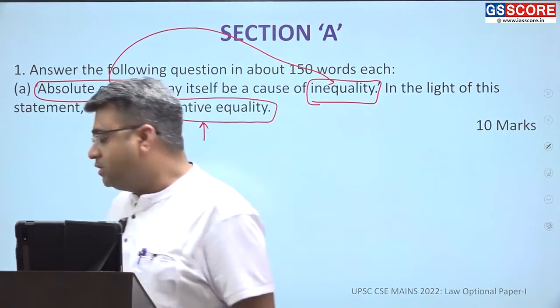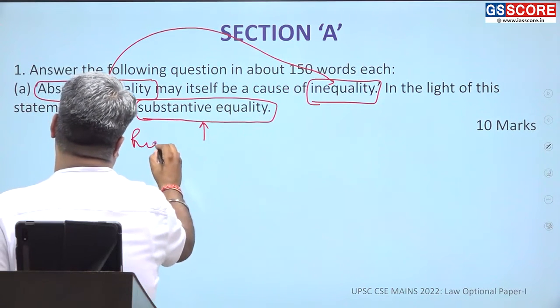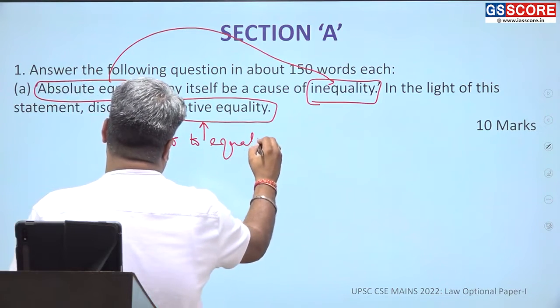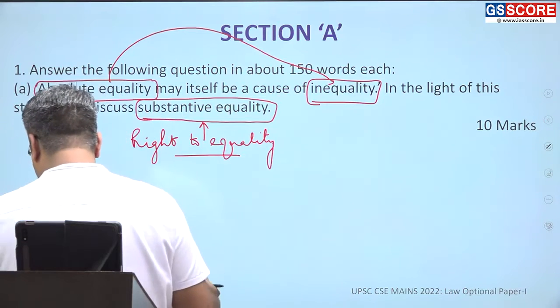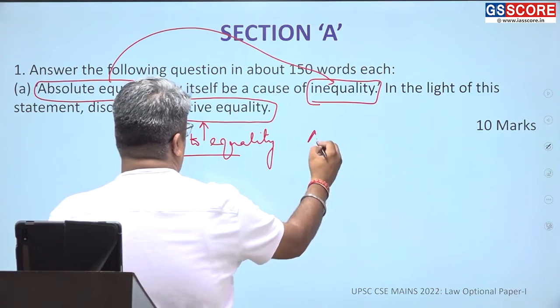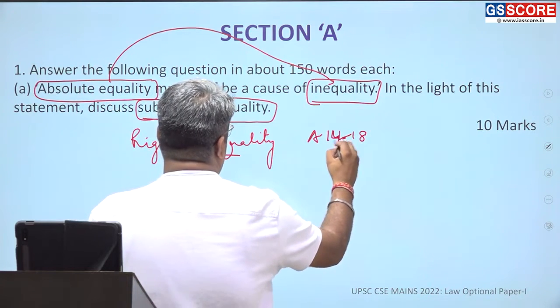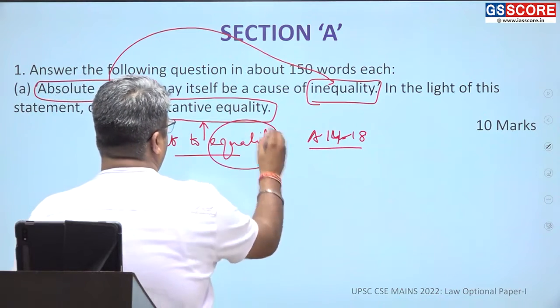So if you go by this particular question, first of all, we have to focus upon the right to equality, which is basically given in Article 14 till Article 18. From Article 14 till Article 18, we have been given the kinds of equalities.